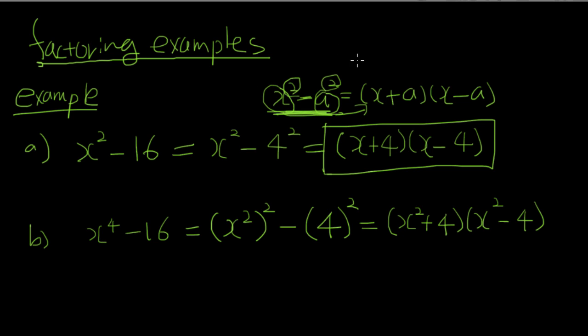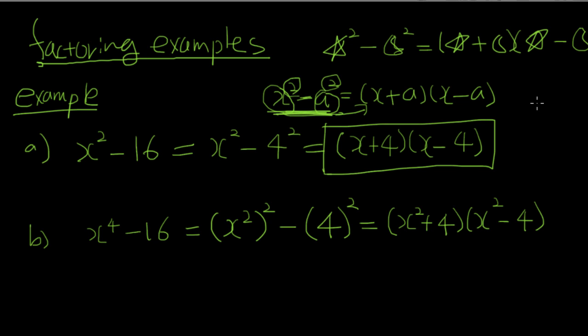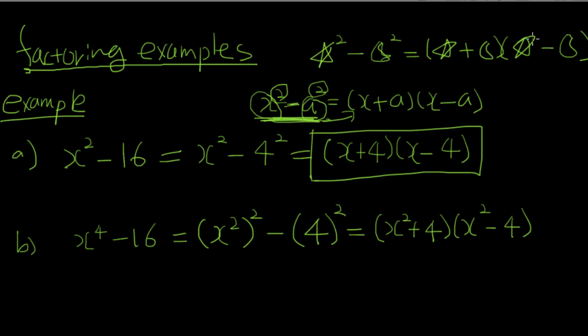Remember in a couple of my previous lectures, we had this extreme example saying if we have star squared minus, say, moon squared, this is a half moon, then this would be factored as star plus moon and star minus moon, like this, right? So what I'm trying to say is it doesn't have to be x, it doesn't have to be a. Whatever we have squared minus whatever we have squared is factored in this form.